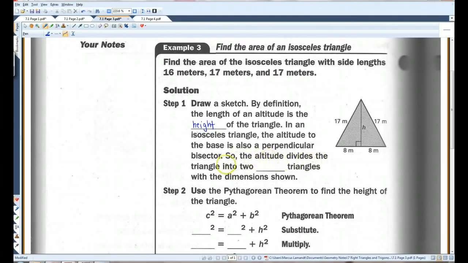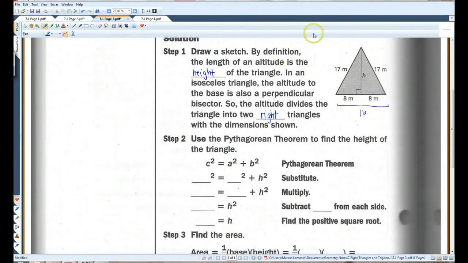So the altitude divides the triangle into two right triangles with dimensions shown. Okay, so this is what we have. We have a side of 16, 17, and 17. This altitude divides this side into 8 and 8. Okay, because it's an isosceles triangle.